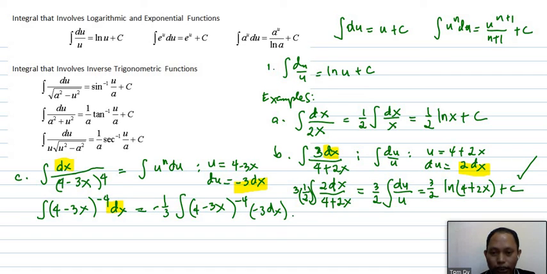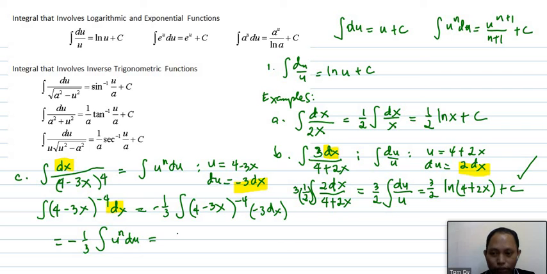That means we have negative 1/3 times the integral where 4 minus 3x will be our u, this exponent negative 4 is n, and our negative 3 dx will be our du.